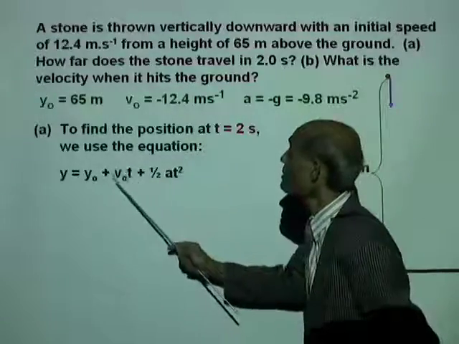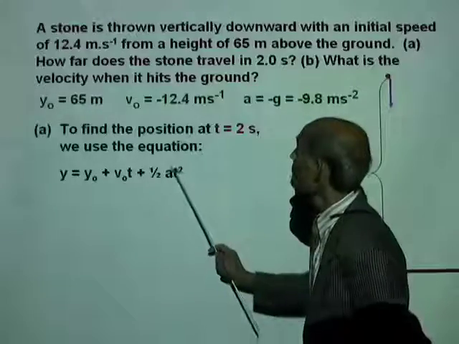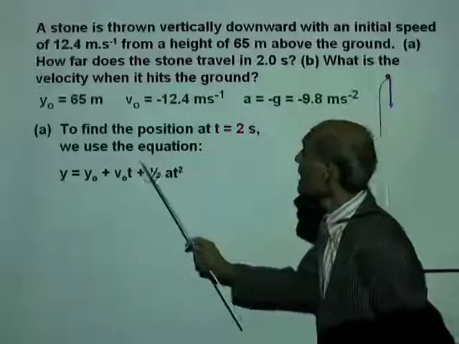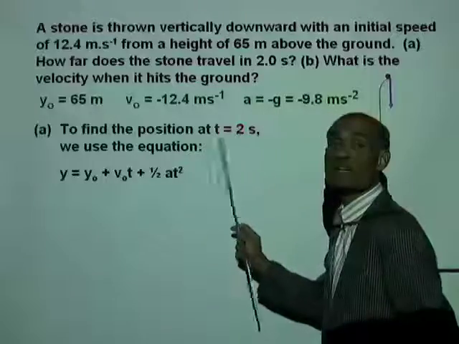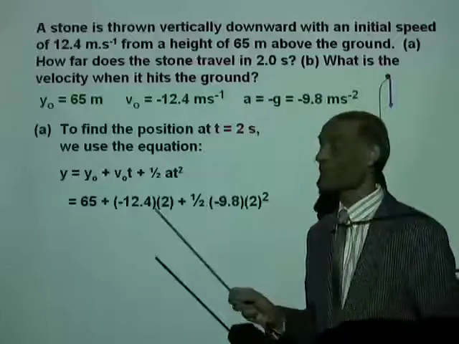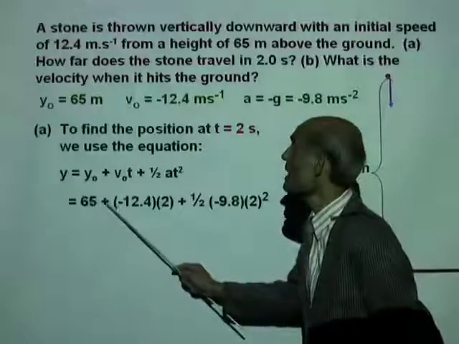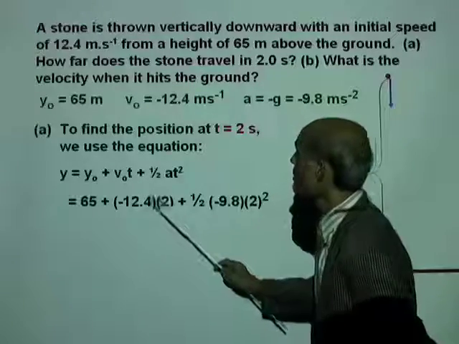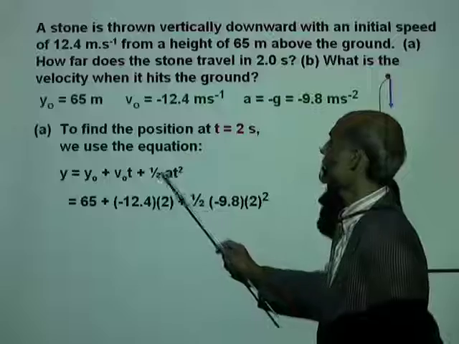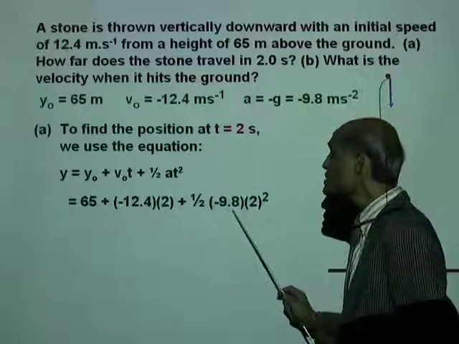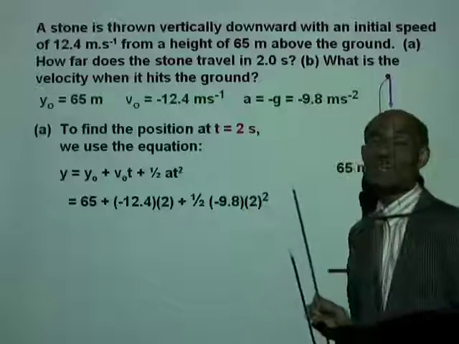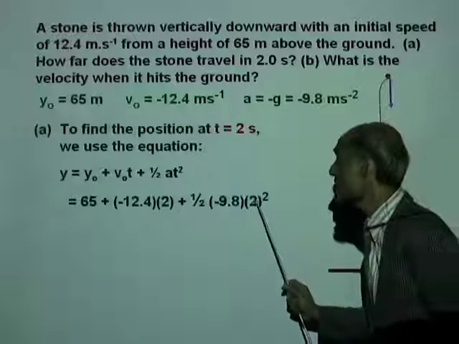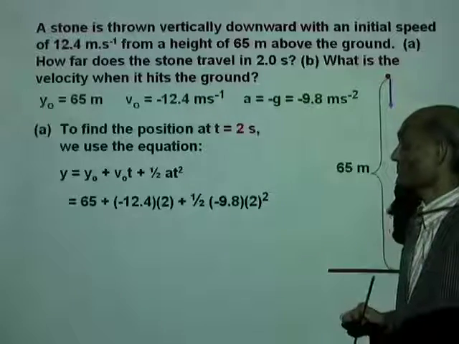We know v0. We know a. And we know t. So use all those values there. That will be 65 plus V0, negative 12.4 times 2, plus 1/2 times A, negative g, negative 9.8 times 2 squared.